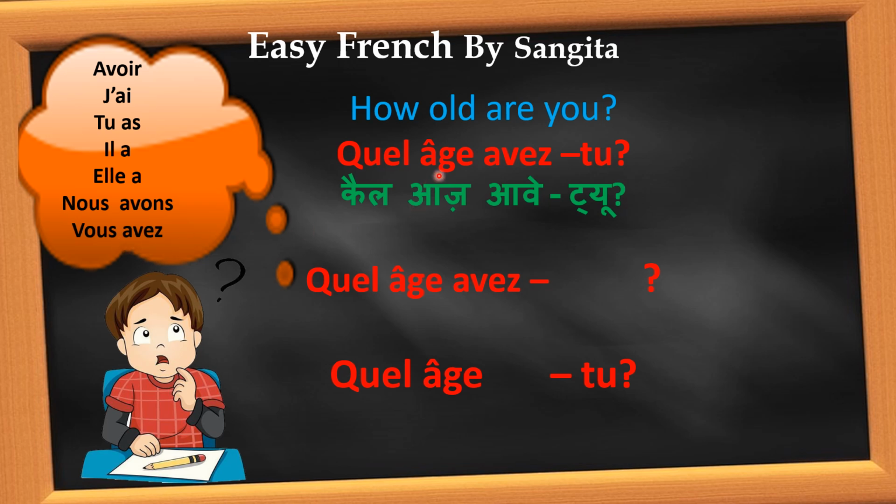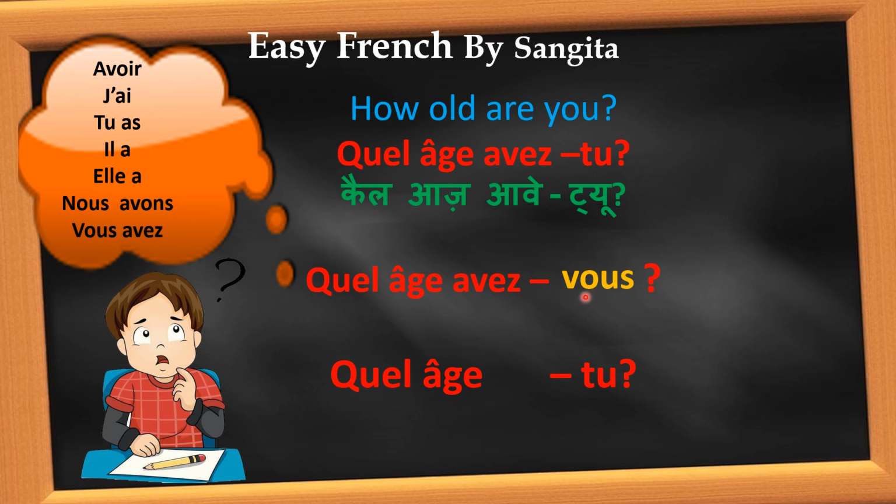So quel âge avez-tu? Think. Avez is matching with what? Vous form, right? So first we'll change the pronoun. Quel âge avez-vous? Quel âge avez-vous means how old are you?